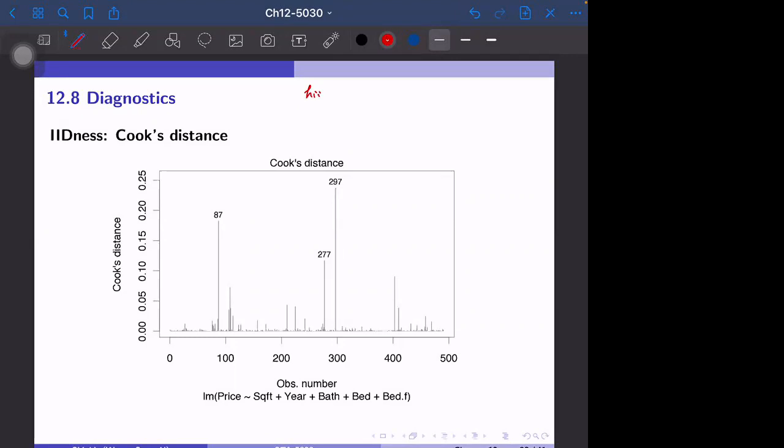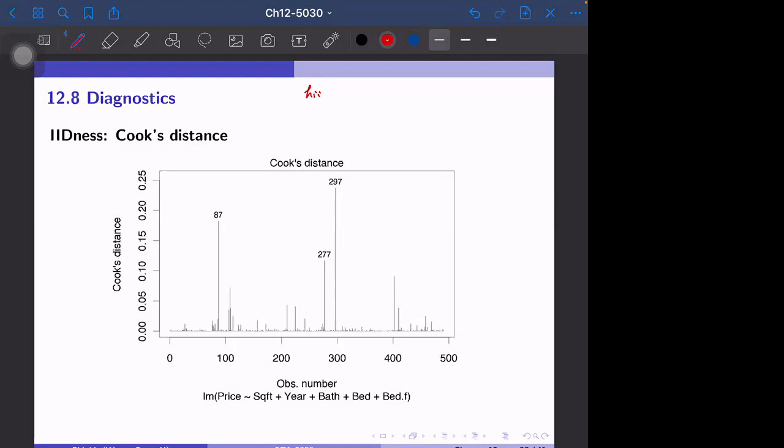So this is based on the value of x. If the x value is far away from the center, it has the potential to have a large impact on the regression line. But Cook's distance actually measures how much that observation affects the regression line.